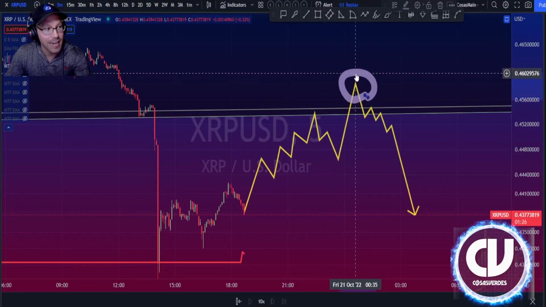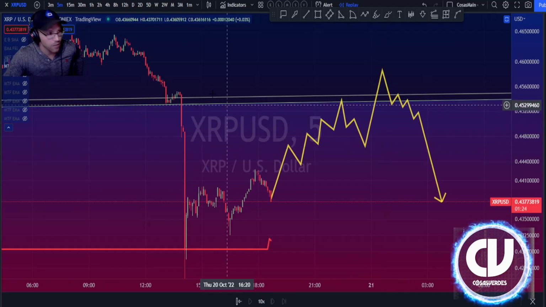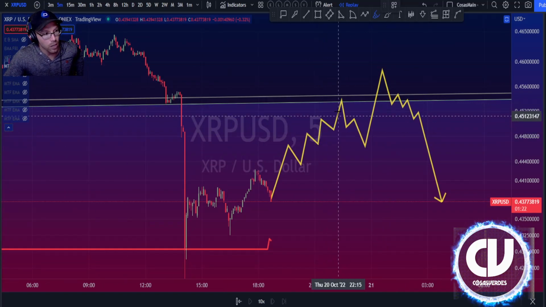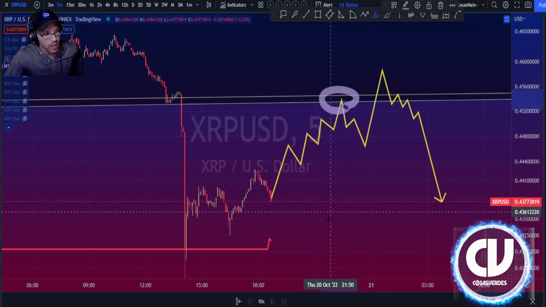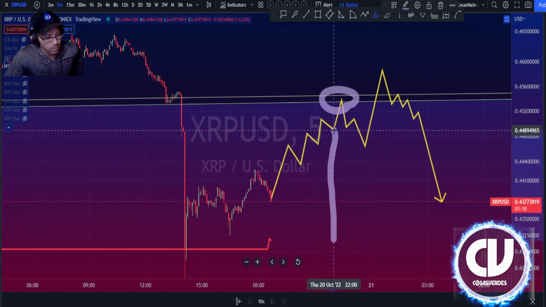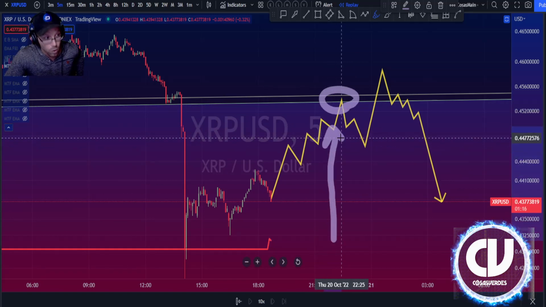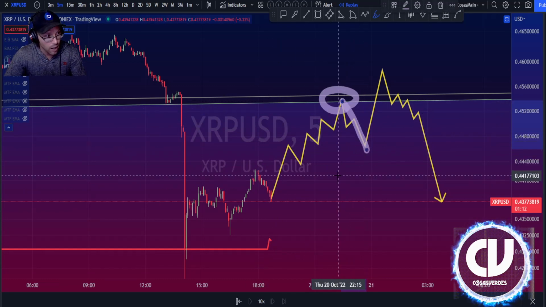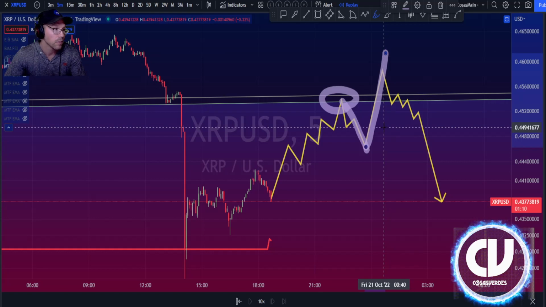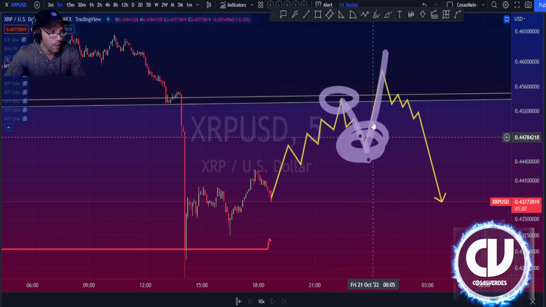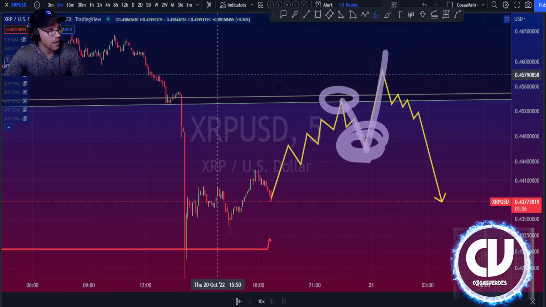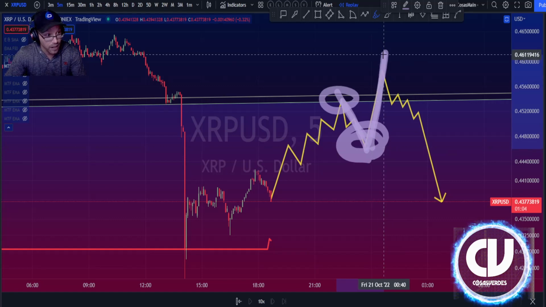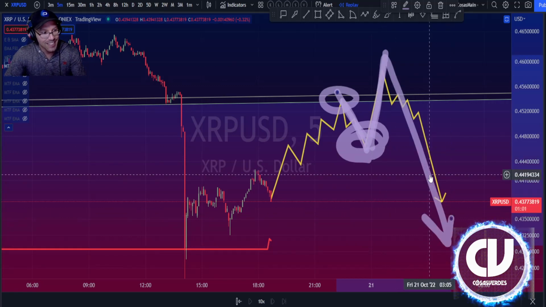And a lot of times the anatomy within that, to be even more specific, after it gets rejected, it'll take out the previous higher low on its way up there. It'll take that out and then zoom up because it helps fake out a lot of people. But it's essentially a fake out with another fake out and then true direction. So watch out for that.